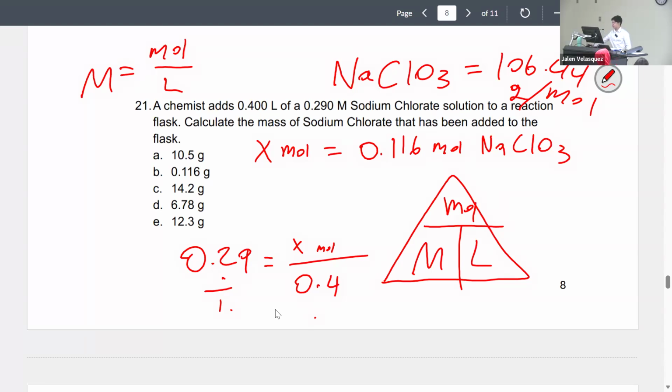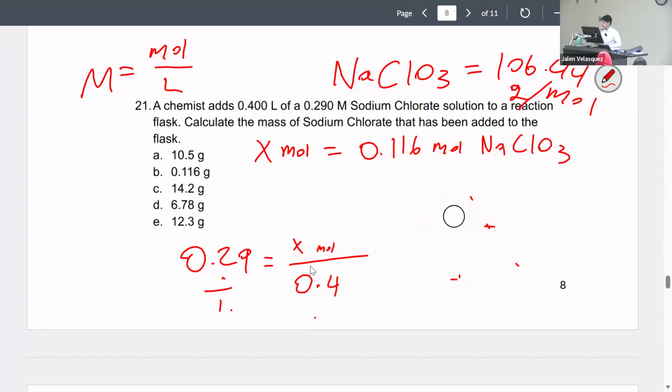I multiplied the concentration by the liters. With the triangle method, you cover up what you don't have. Cover up the moles and you have liters times the concentration, which is what I did there. Whatever works for you.